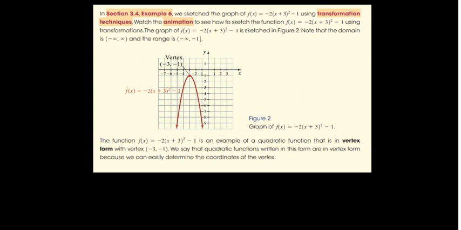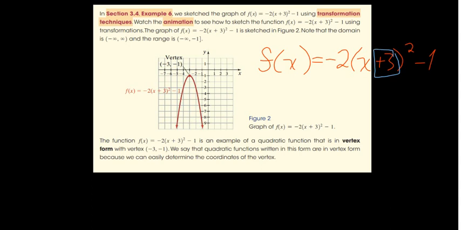Let's do that with what we have here, and I'm going to make the equation just a tad bigger. I'm going to write it over here because it is a little small. We're looking at this number and this number.